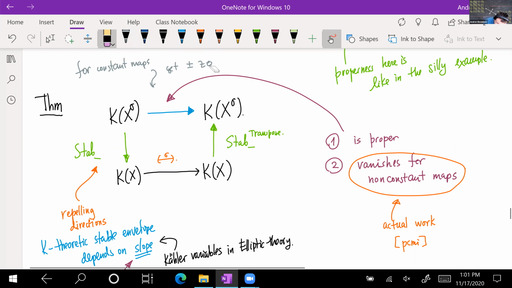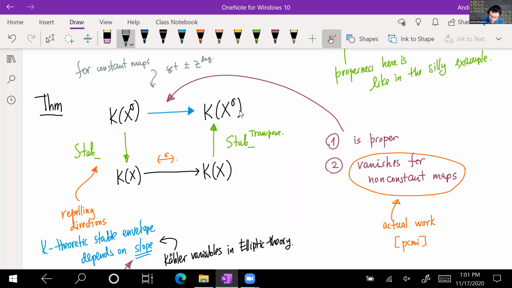There's a sign which I didn't explain, sign z to the degree. So that says there's a diagram like that. If I define this vertical arrow here, then for constant maps I get something which we understand well, and for non-constant maps we get 0.